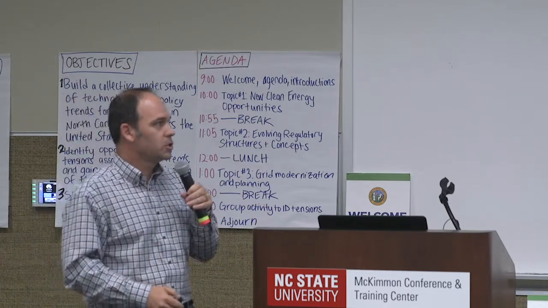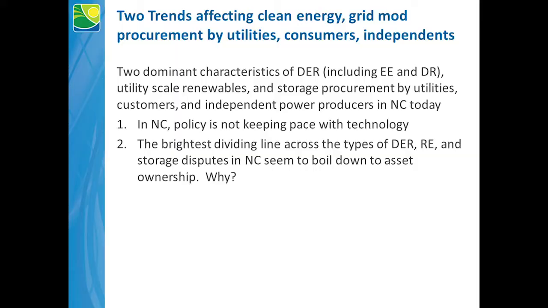And we see two major dominant characteristics coming out for distributed energy resources, which we define as including efficiency and demand response, utility scale renewables, and storage procurement. And it's not just by utilities, it's also customers, which have been procuring at an accelerating rate, and independent power producers, because there's a lot of power plants out there. There's thousands of them that aren't owned by utilities.